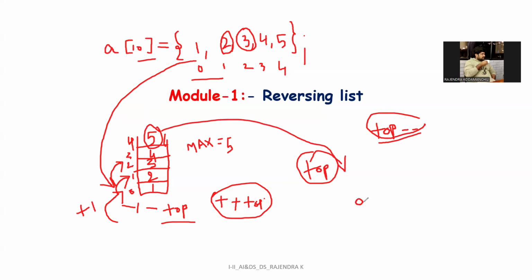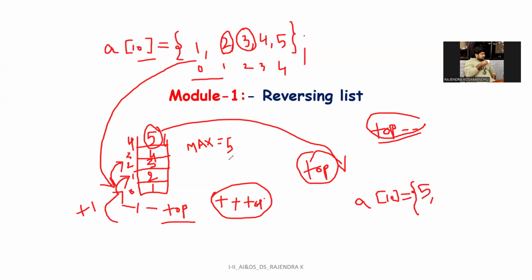So my array is here, the same array I considered. Now I would like to pop all the elements one after another from the stack and store them into the array. Now the first element that comes and is stored into the array is 5, because according to the stack, last in first out.